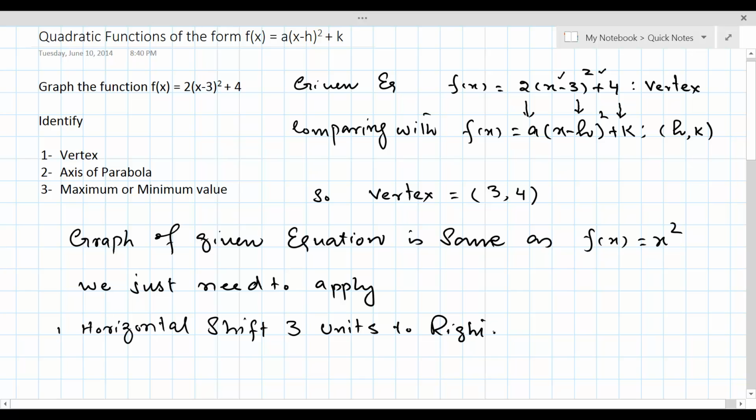Whenever there is a negative sign inside the square term, we apply the shift toward the right, and whenever there is a positive sign, we apply the shift toward the left. Here, because it's a negative sign, we apply the shift toward the right.